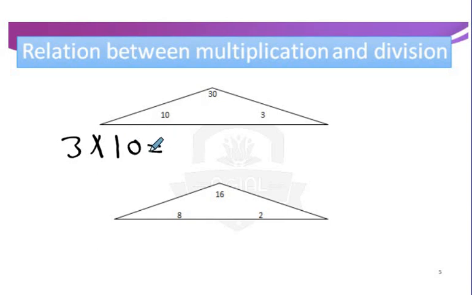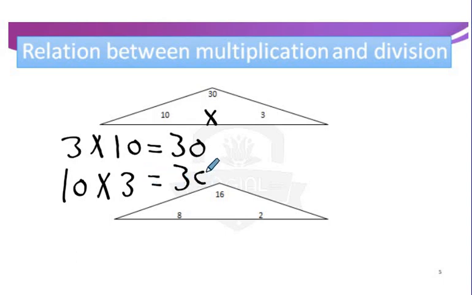Who can say? Excellent. Equal 30. So 3 multiply 10 equal 30. And if we start by 10, we can write 10 multiply 3 equal what? Excellent. Equal 30. So we can start by 3 or we can start by 10. 3 multiply 10 equals 30 and 10 multiply 3 equals 30.